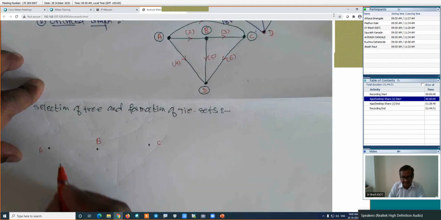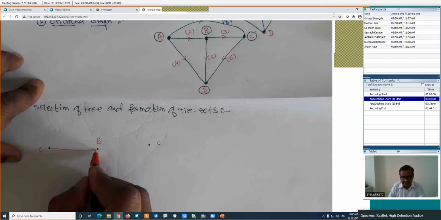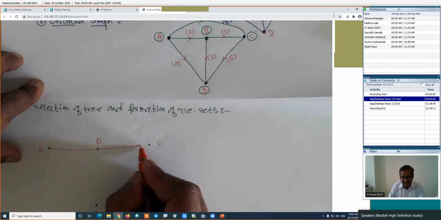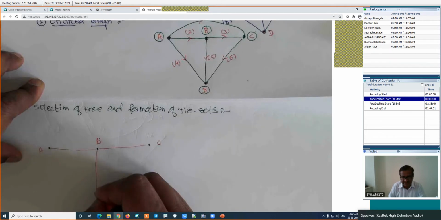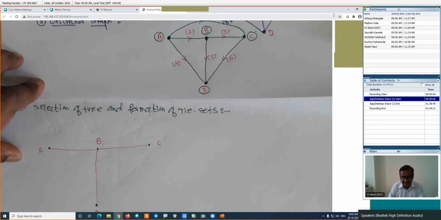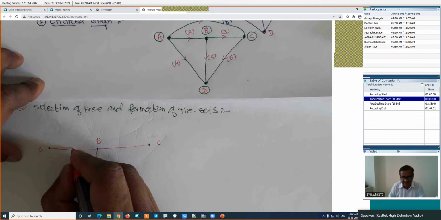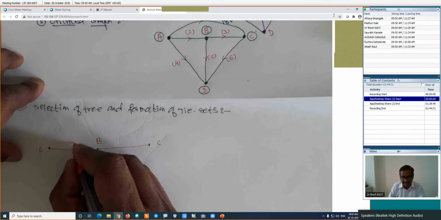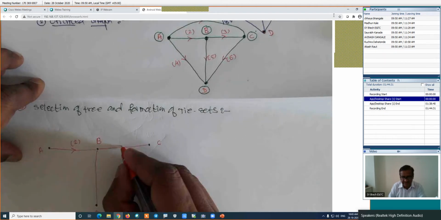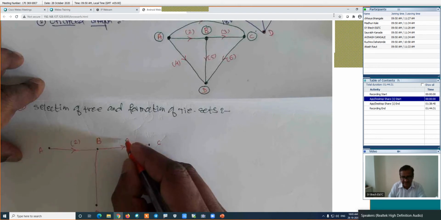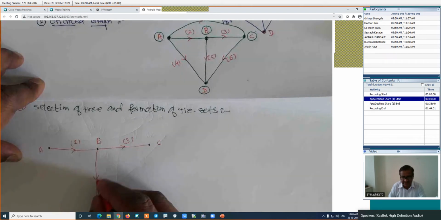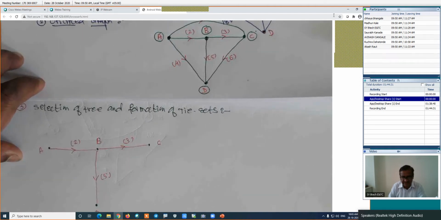This is one branch, this is the second branch, and this is the third branch. If it is not given, then we have the choice. We are selecting this as a tree.